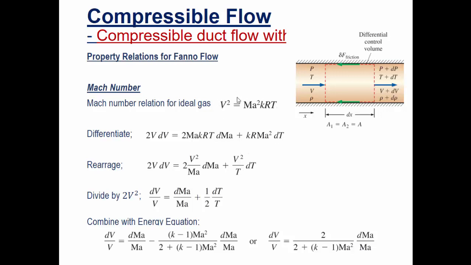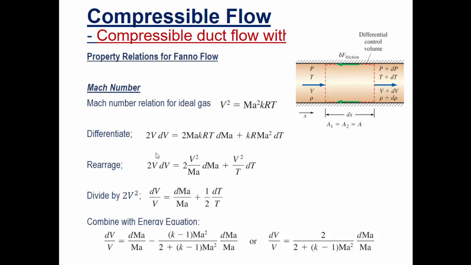We differentiate the velocity against the velocity, differentiate the Mach number with Mach number, and then we differentiate the same term with temperature. When we rearrange this differential form of equation, we will get 2V dV equal to 2 square of velocity divided by Mach number dMa plus V squared T over T dT.